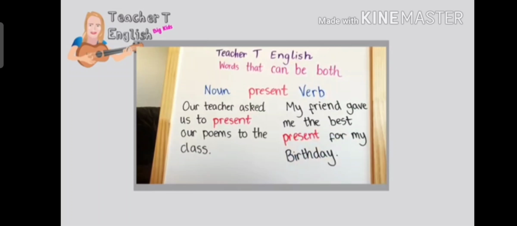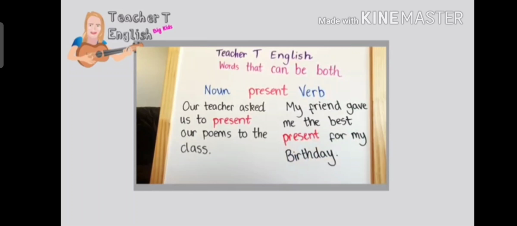Then we can specify the object, for my birthday. So my friend gave me the best present for my birthday. So this is how we usually frame sentences in noun.